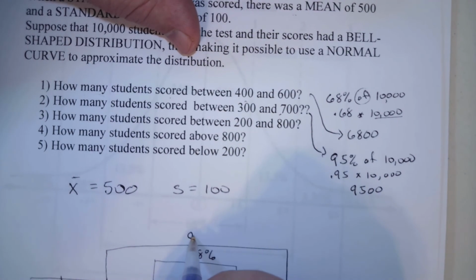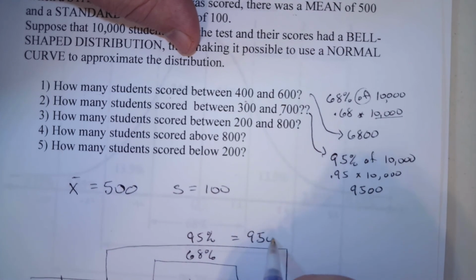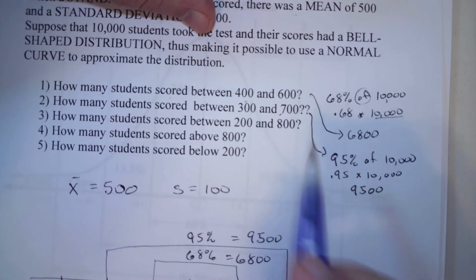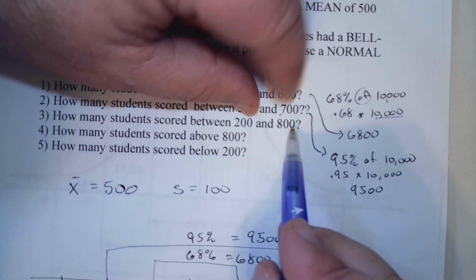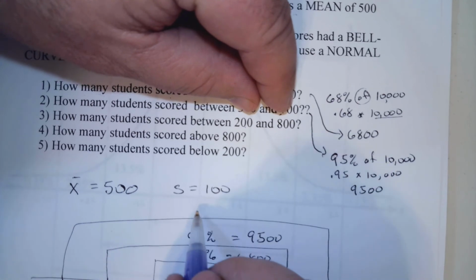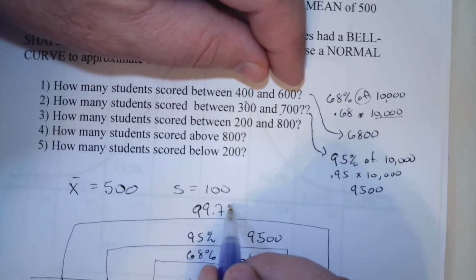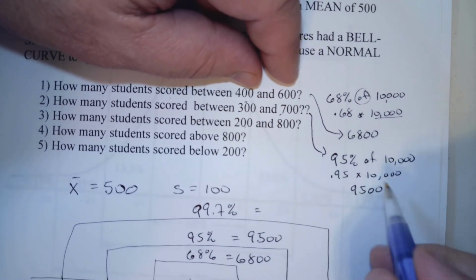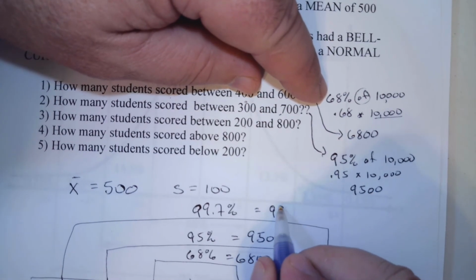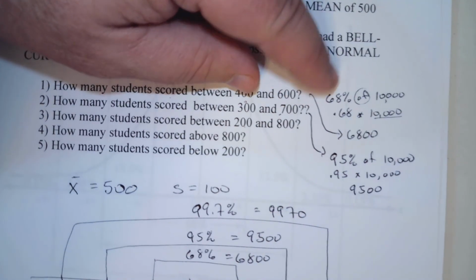So this one will be 9,500. This one's going to be 6,800. And then the next one is 200 to 800. That's this one here. That's 99.7%. Again, times 10,000, which gives us 9,970.